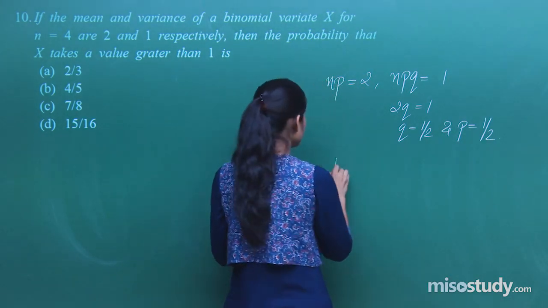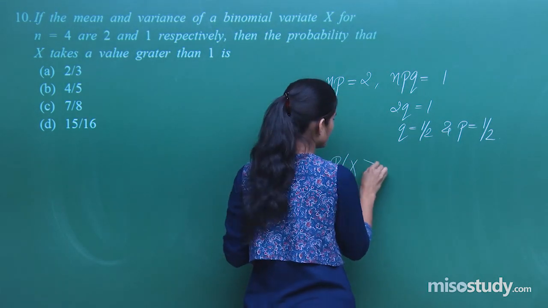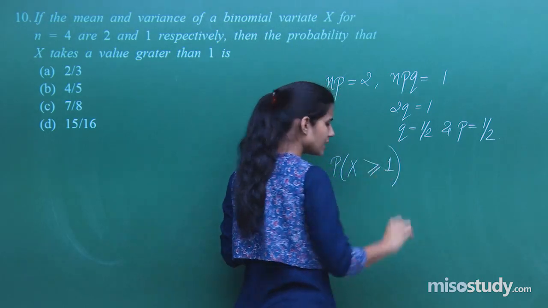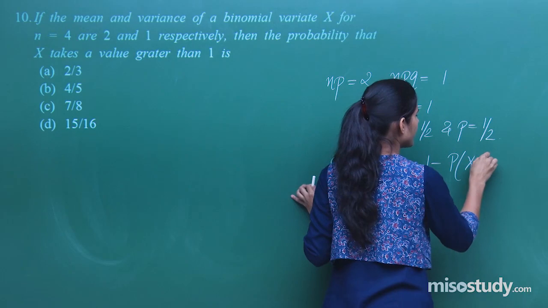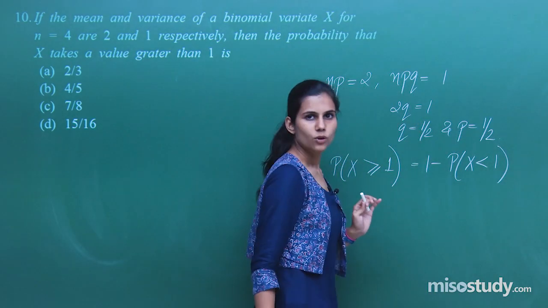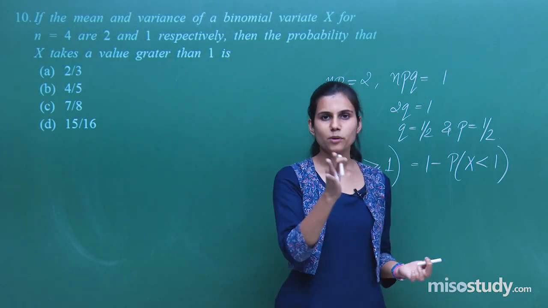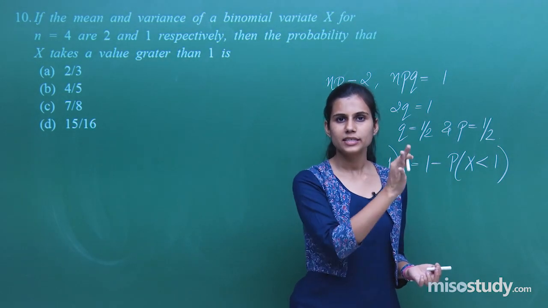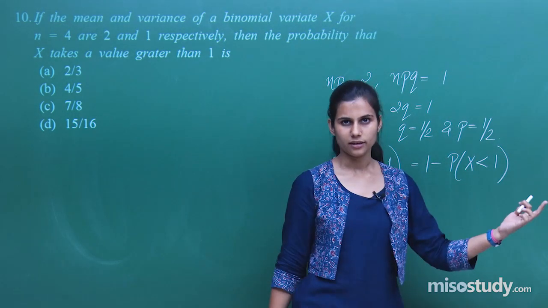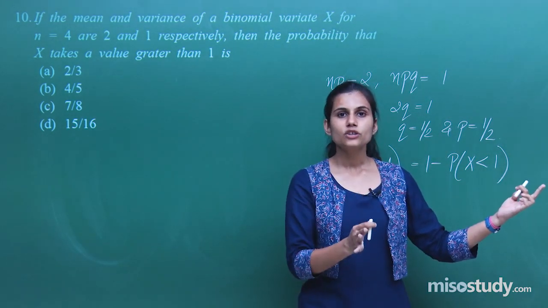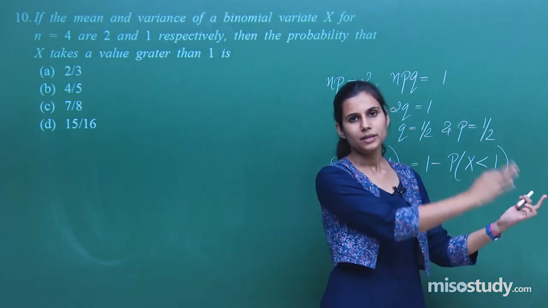Now you want to evaluate probability of x greater than 1. This is the same as 1 minus probability of x less than or equal to 1. Why? Because this is the probability distribution. So probability of x equals 0 plus probability of x equals 1 plus probability of x equals 2 plus probability of x equals 3 plus probability of x equals 4 is 1. I want to evaluate the probability of x equals 2 plus x equals 3 plus x equals 4.